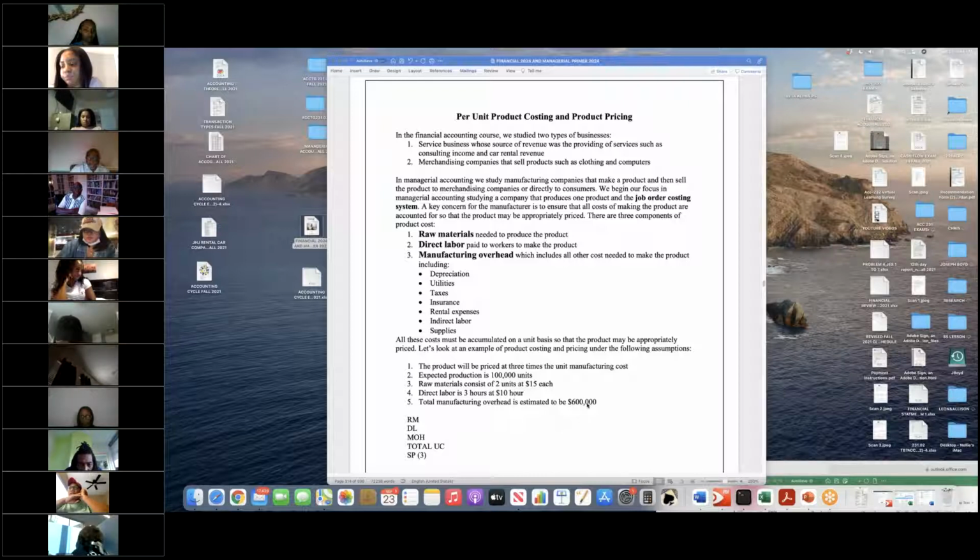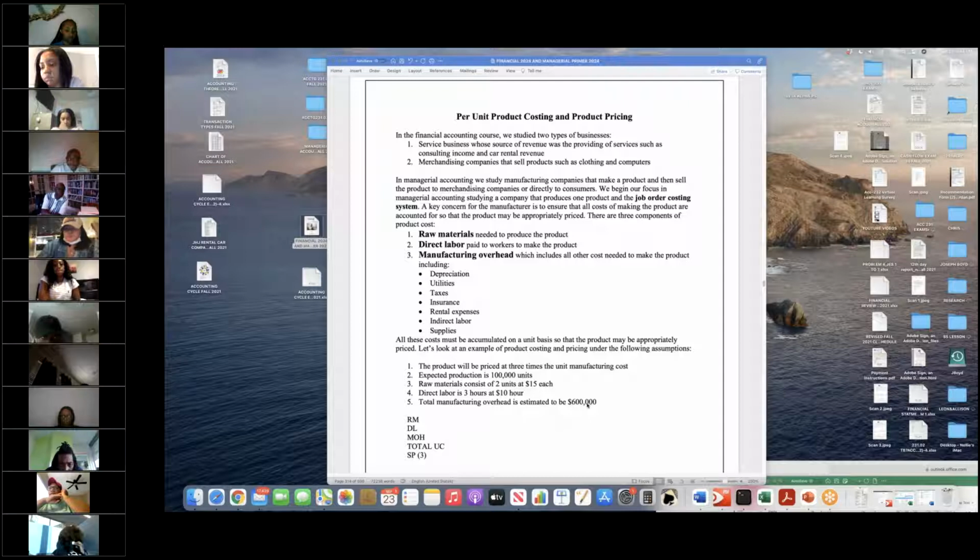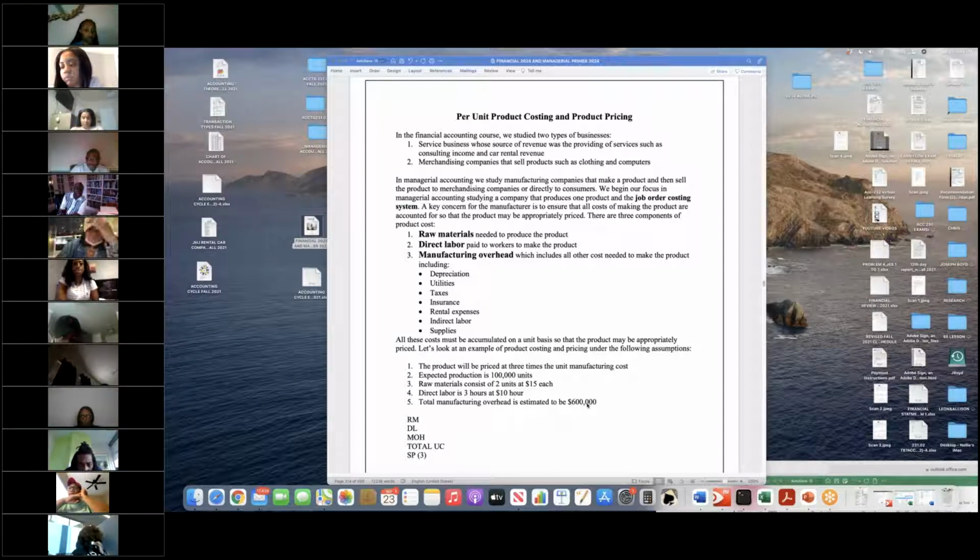No, there's two. Remember I told you it was ink and paper, so we're just kind of journaling it here, but suppose it takes 2 units at $15 each. So how much raw material is going to be in my book?